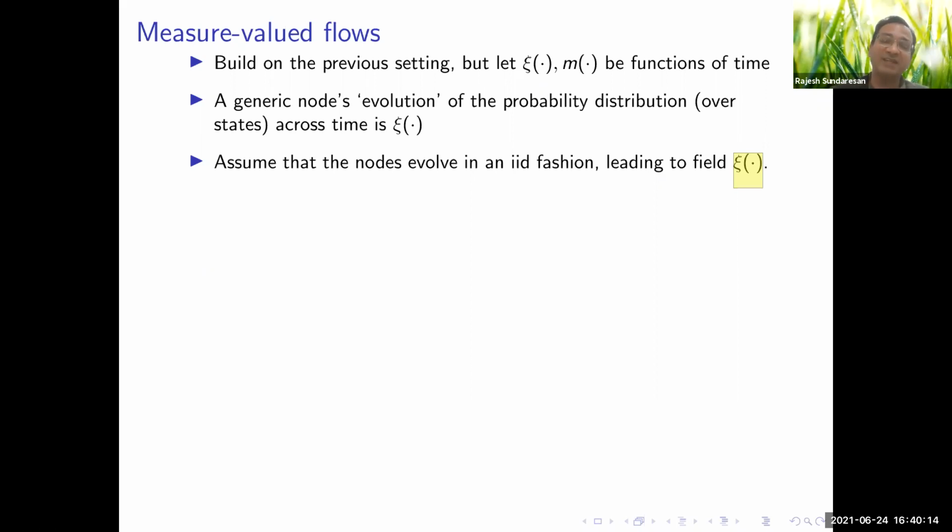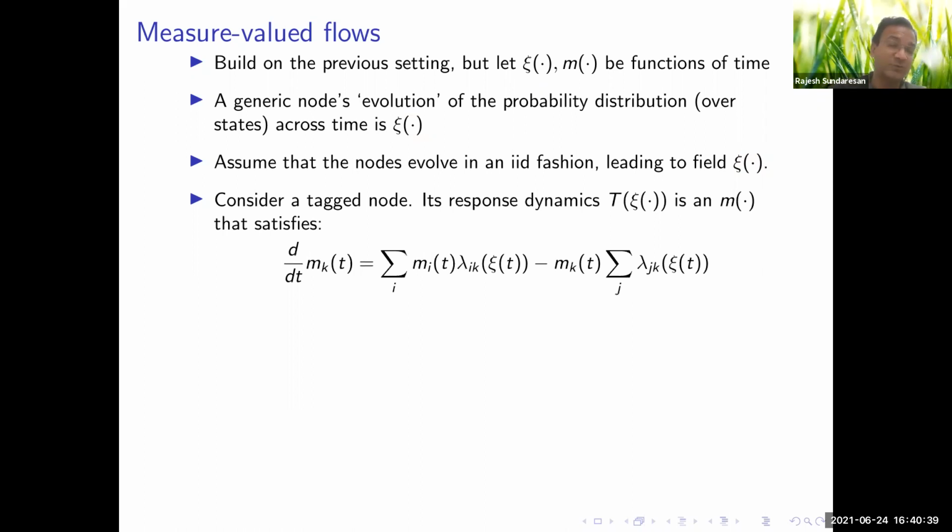So if I have n IID particles evolving according to, let us say, a xi dot measure valued flow that describes their marginal probabilities, and they are independent, and I'm looking at the empirical measure of the states and its flow, in the limit, that's also going to be xi dot. So we use this law of large numbers argument to say that the field is also going to be xi dot.